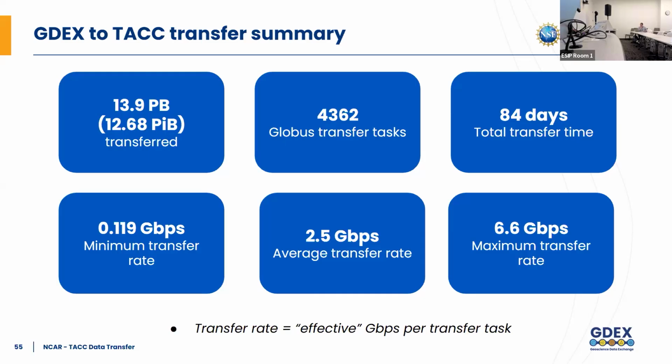For example, at the TAC endpoint, there's the disk cache that eventually writes the data to tape. So this effective transfer rate also includes that overhead as well. So 2.5 gigabits per second roughly translates to, I believe, about 1 petabyte every 4 to 5 days. That was probably the optimal transfer rate that we saw with these transfers.